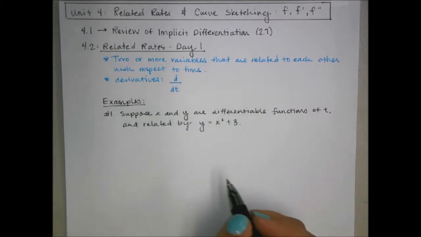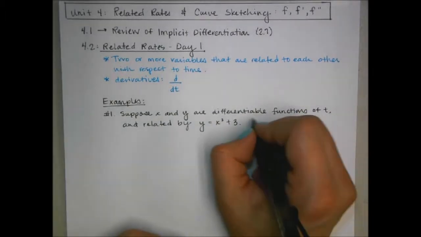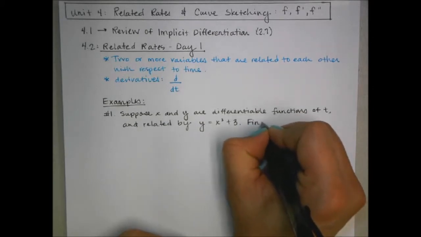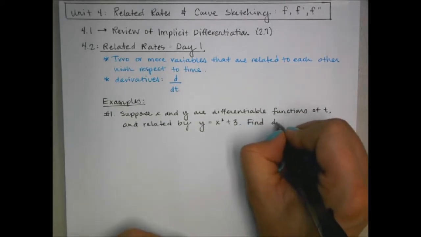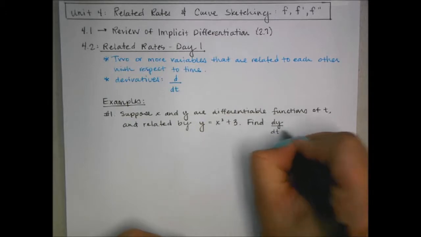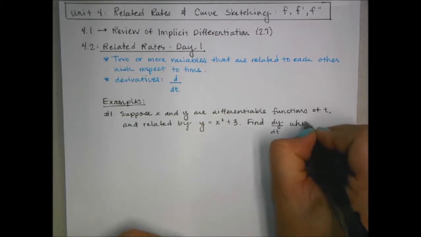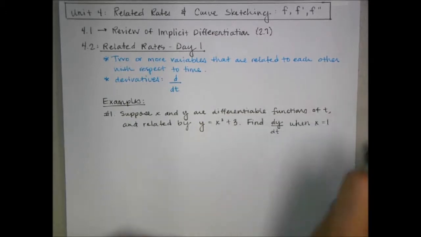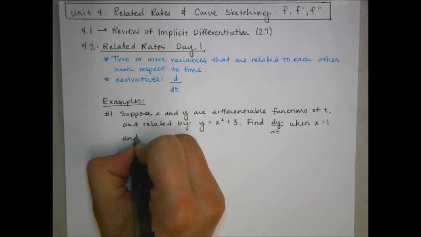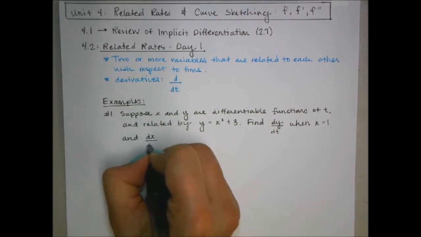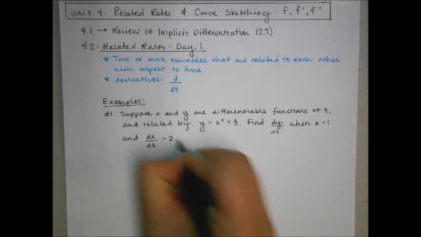This is how x and y are related to each other. Problem is asking us to find dy dt when x equals 1 and dx dt is equal to 2.